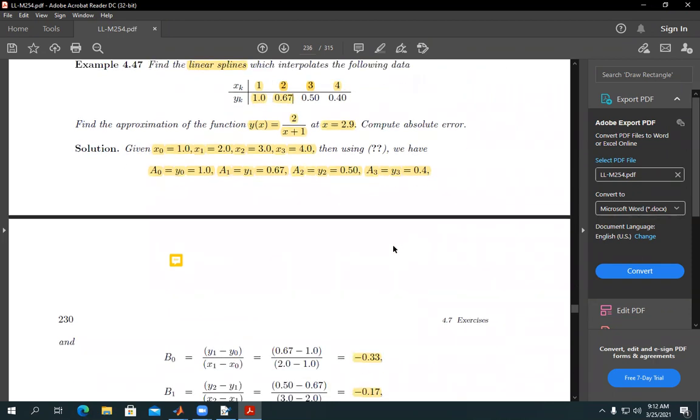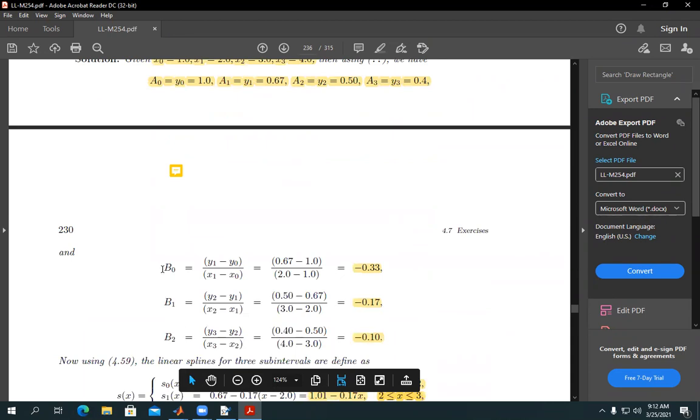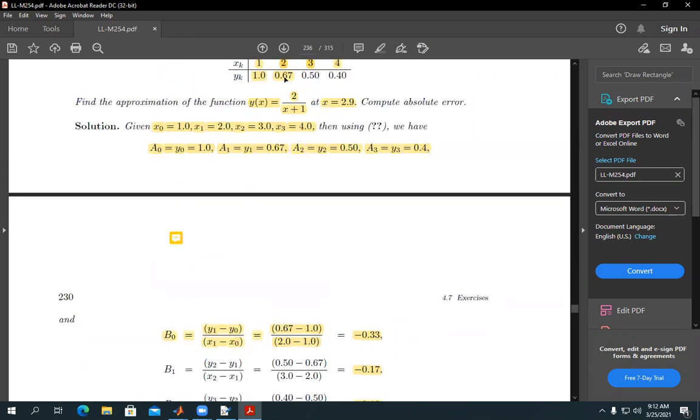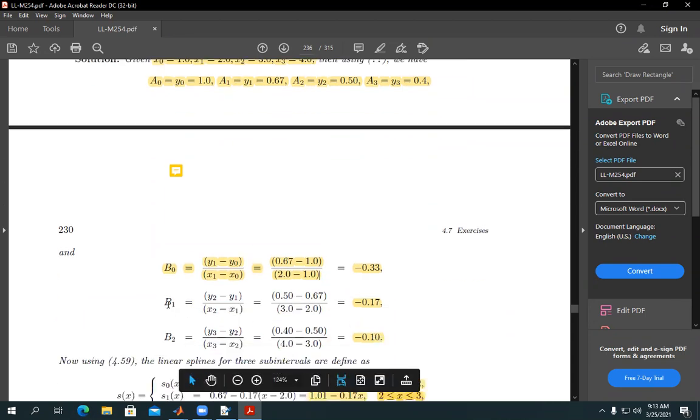Now you have to calculate the b values the same way. What is your b? It is f(x1) minus f(x0) divided by x1 minus x0. And you know what f(x1) is, f(x0) is this one, x1 is this, x0 is this. So you use the values, and the same way you can find b1 and b2.